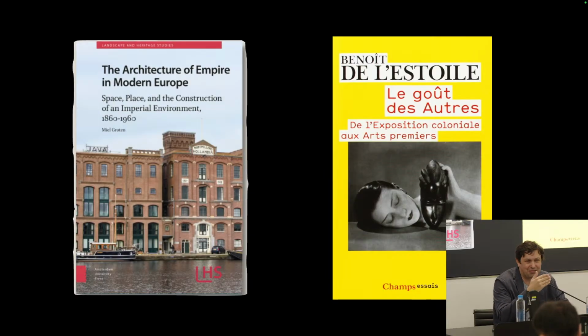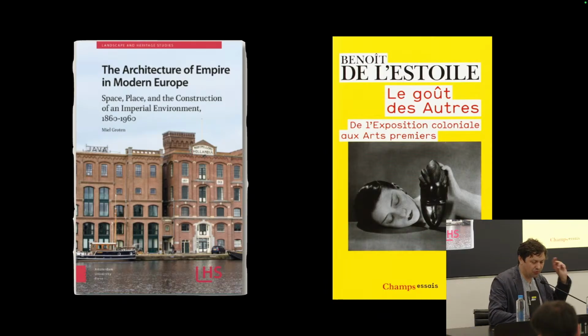Without going too much into it, this exhibition and its collection were later moved into other museums, the Musée de l'Homme, and also more recently the Museum of Gabriel, which is where the first arts are located.